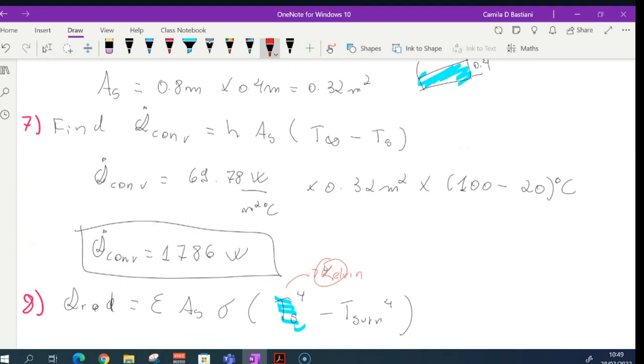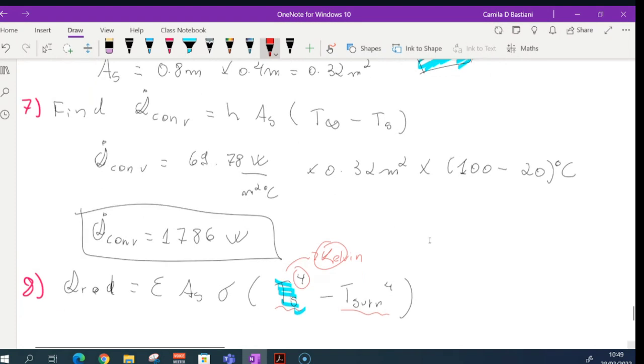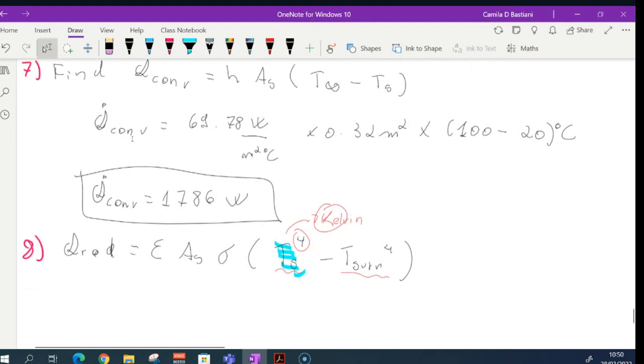There is absolutely no situation where I'm going to feed the temperature here in degrees Celsius, because of this exponent 4, my temperature must be in Kelvin. My emissivity is 0.95, my area of the surface 0.32, Boltzmann constant 5.67 times 10 to the minus 8.